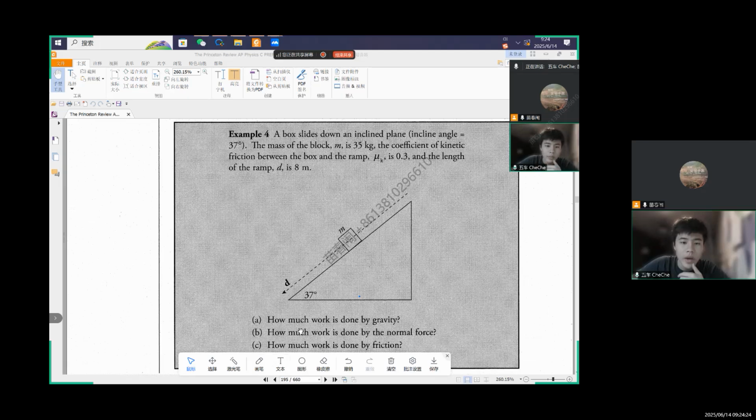Okay, consider the box sliding down an inclined ramp in example 4. If it starts from rest at the top, what speed does it reach at the bottom? Okay, so work total.